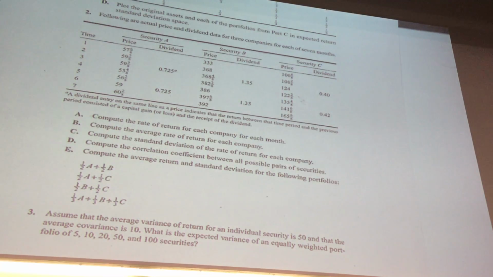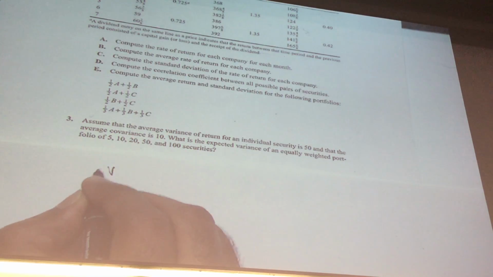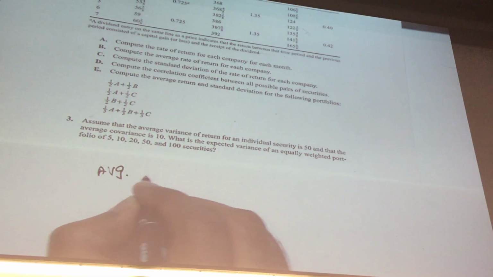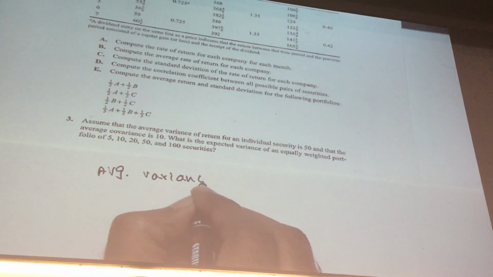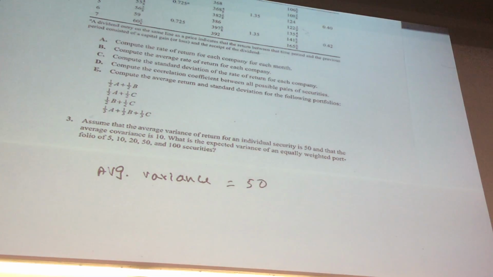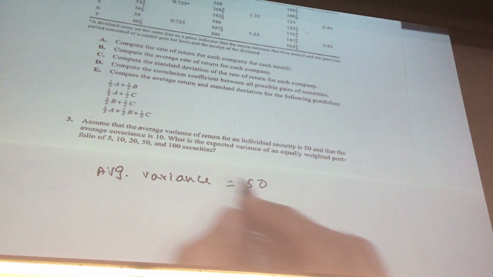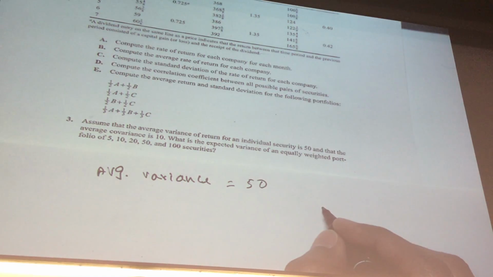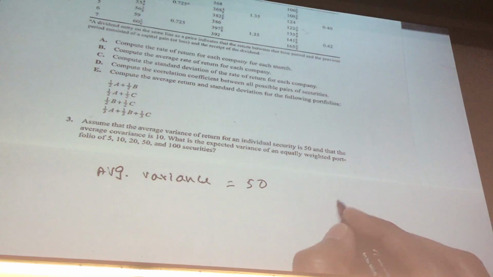So, how many of you understand the third problem? Assume that the average variance of the individual security is 50. So the average variance is equivalent to 50. You can repeat the same with covariance in the end. And how many securities do you have in the portfolio?